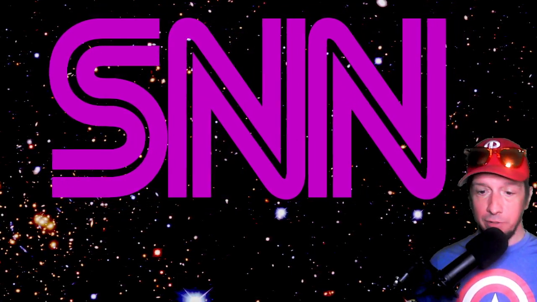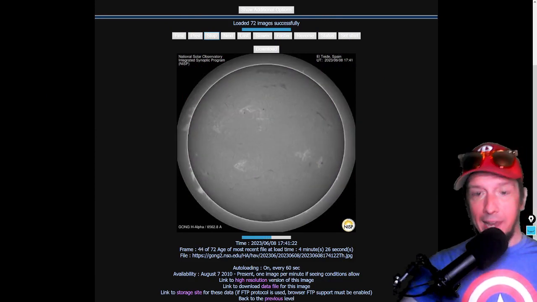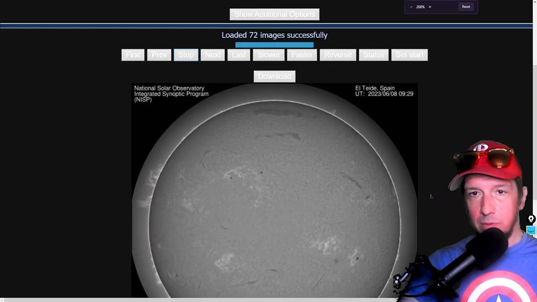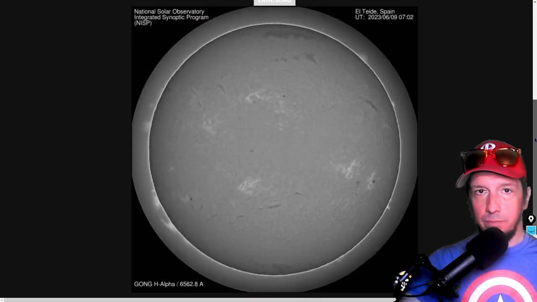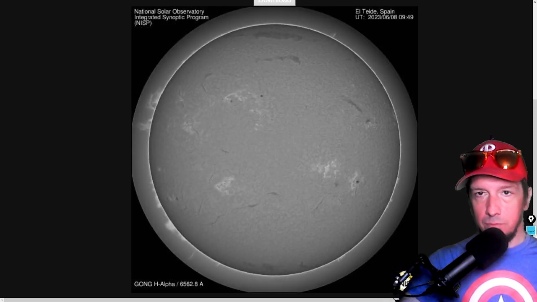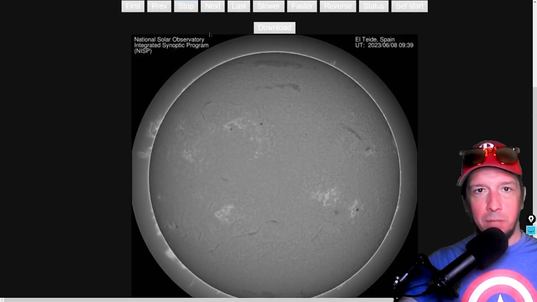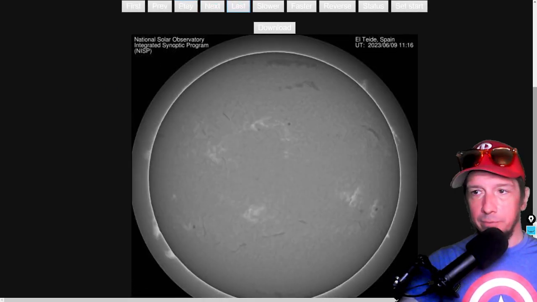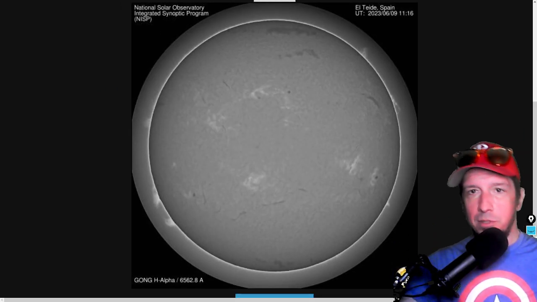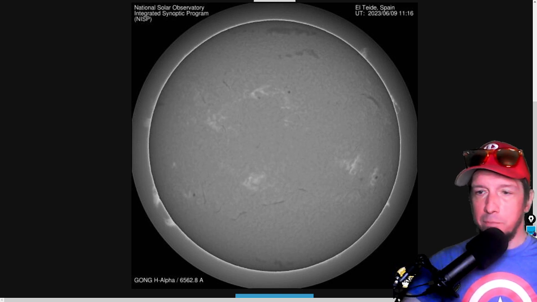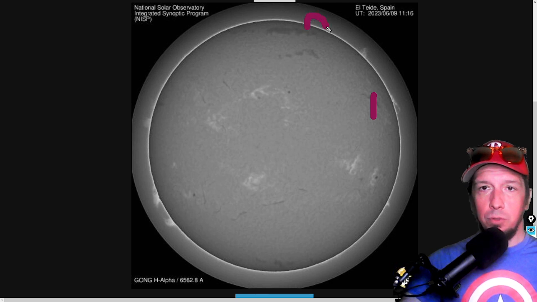Time to look at solar filaments and go, dag, that's a lot of filaments. Let's bring up the last image here so it stops moving. That's the last image there of hydrogen alpha from El Teide, Spain. And we've got, let's see, 1, 2, 3.